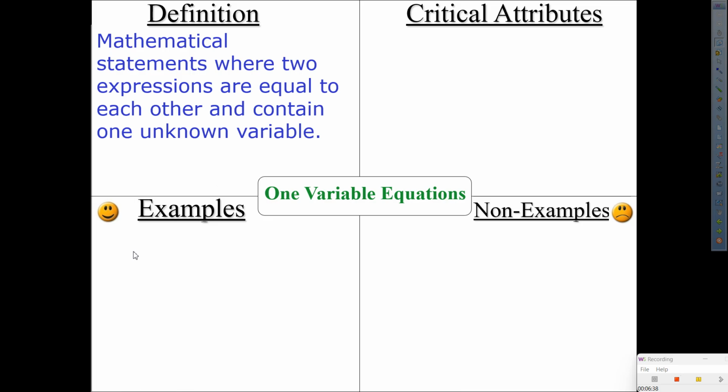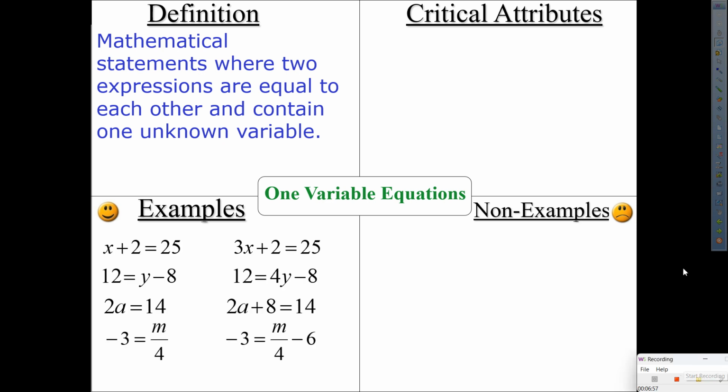Example: x plus 2 equals 25, 3x plus 2 equals 25, 12 equals y minus 8, 12 equals 4y minus 8, 2a equals 14, 2a plus 8 equals 14, negative 3 equals m over 4, and negative 3 equals m over 4 minus 6. Copy that.